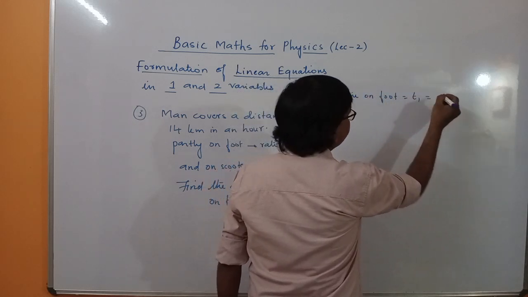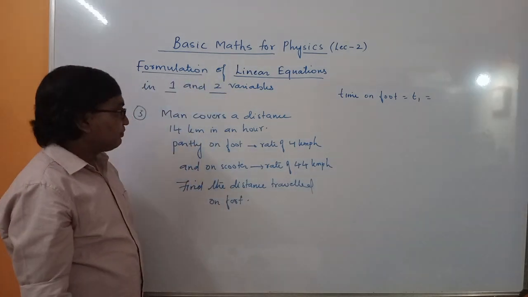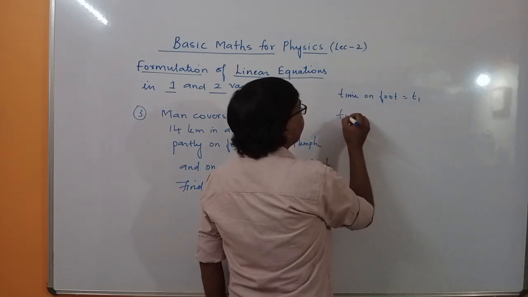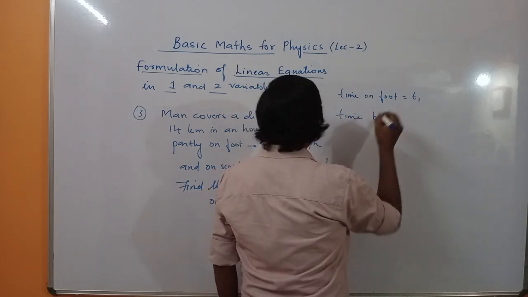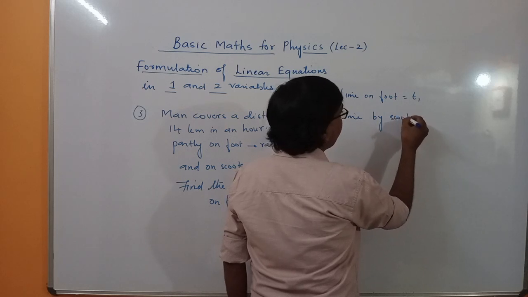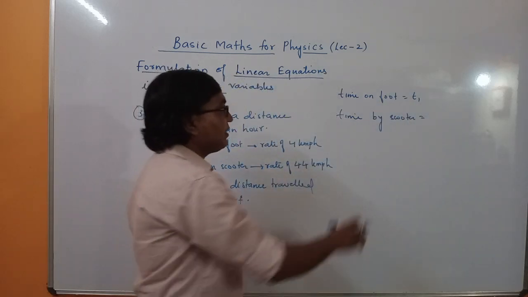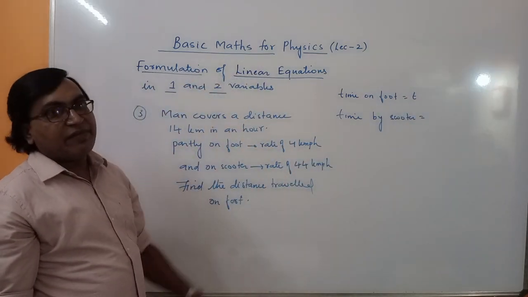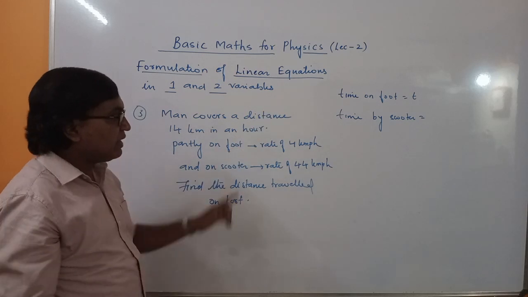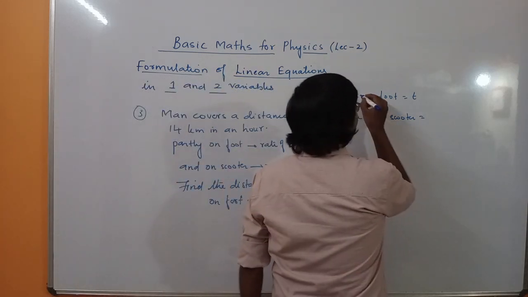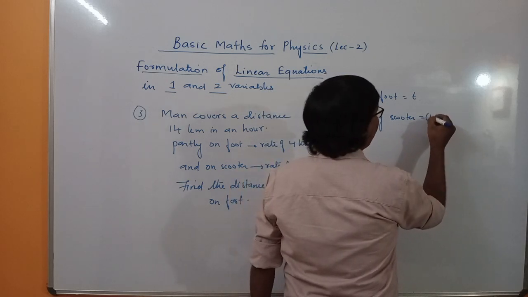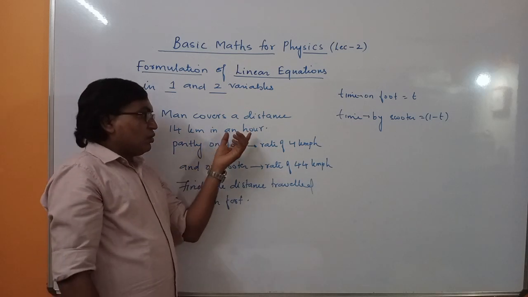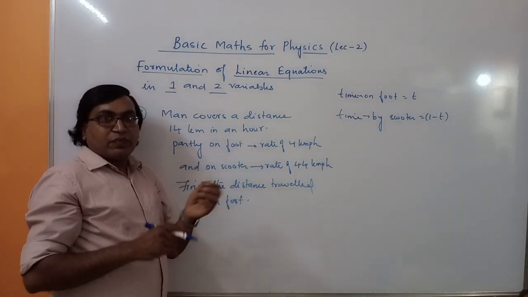Let us say T. So this T we are assuming, and time by scooter. If time on foot is T, then time traveled by scooter will be 1 minus T. So total journey is of 1 hour.